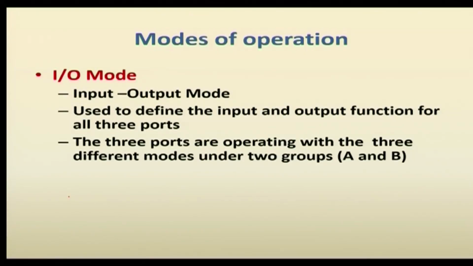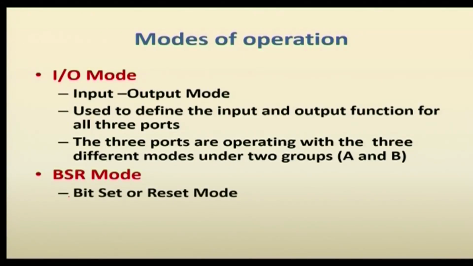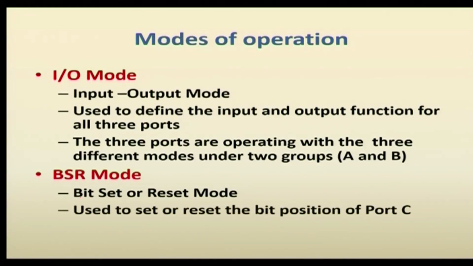These 3 ports are grouped as 2 groups, group A and group B, which work under the 3 modes of operation, mode 0, mode 1 and mode 2. The other one is BSR mode. BSR means bit set and reset mode, which is used to set or reset the bit positions of port C. Any one of the bit positions we can set or reset by activating 1 and 0.